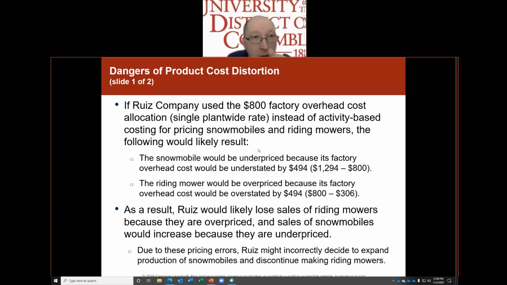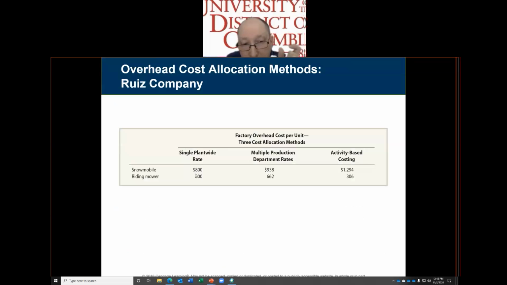Now, of course, there's going to be distortion when we look at each. And to calculate distortion, what you need to do is you take your plant-wide method minus your activity-based method to get the distortion rate.